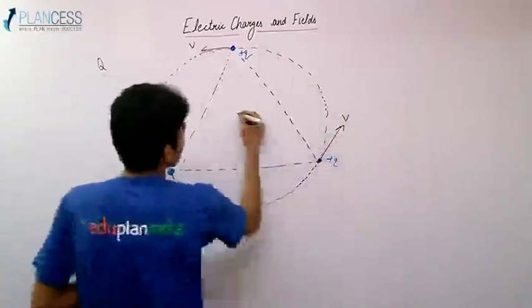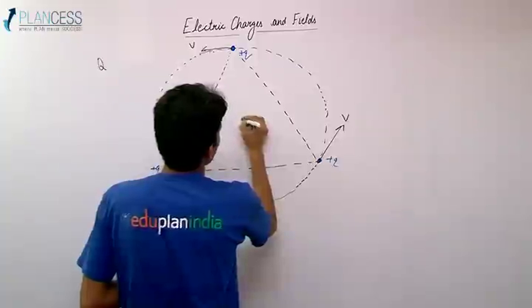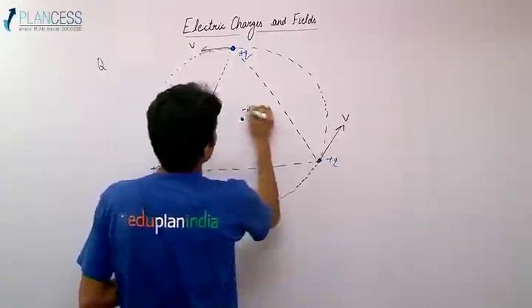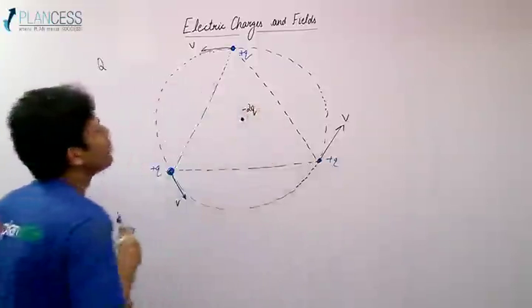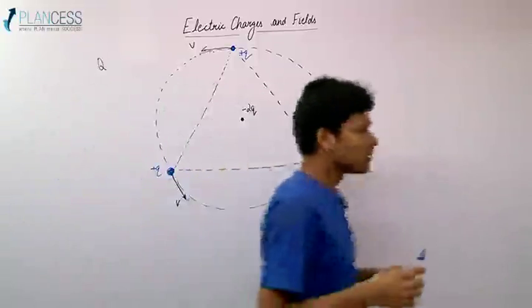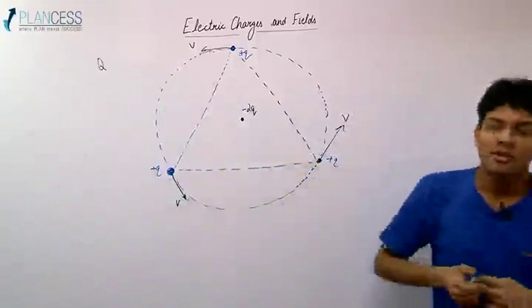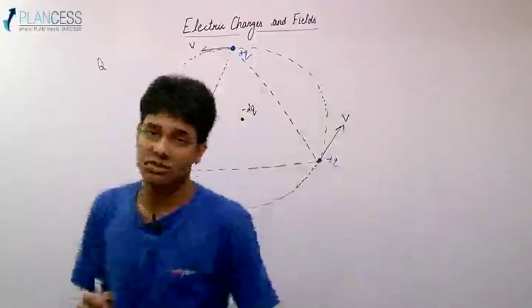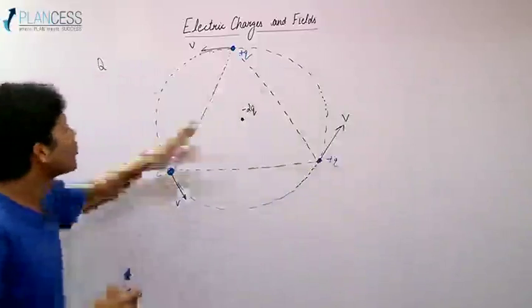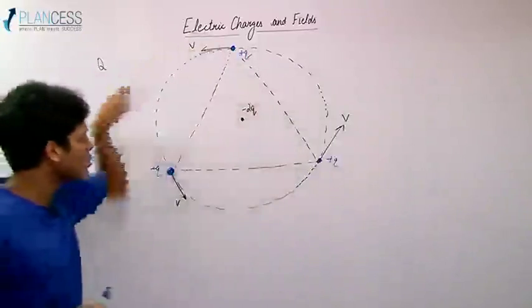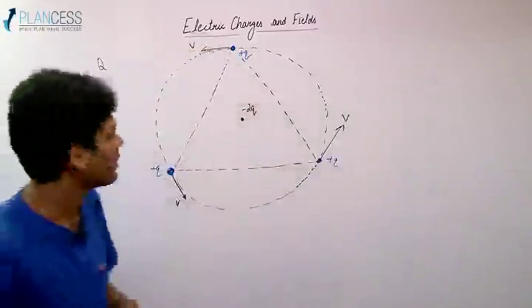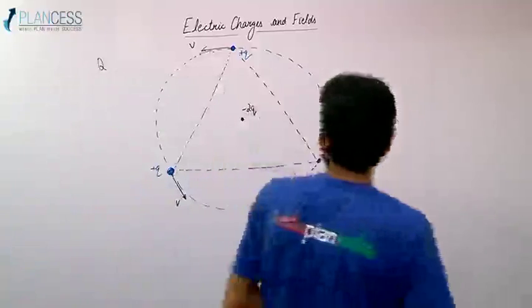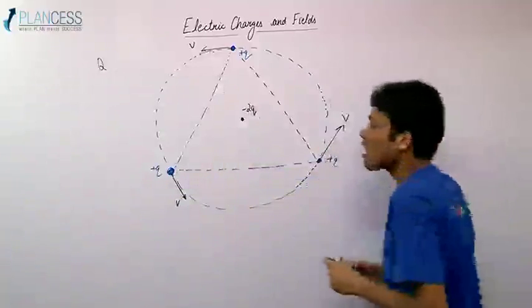And in the center, a charge with minus 2q value is placed. So what you have to find out is the value of this velocity, that is the speed with which all these three charges are moving. So how do we do this question?